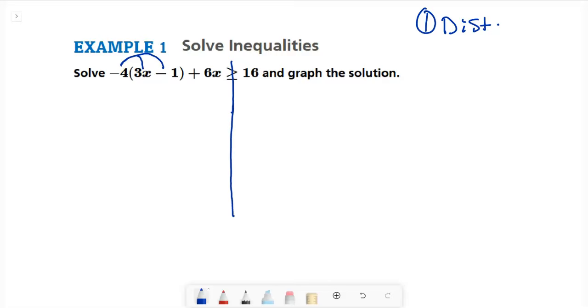So -4 times 3x is a -12x. -4 times -1 is a +4. If you didn't know those answers, you can use decimals. Okay, everything else comes down, so plus 6x greater than or equal to 16. Step number 2, combine like terms.